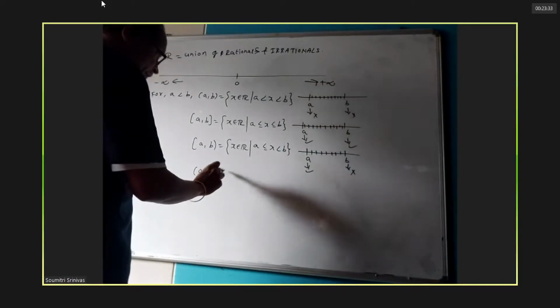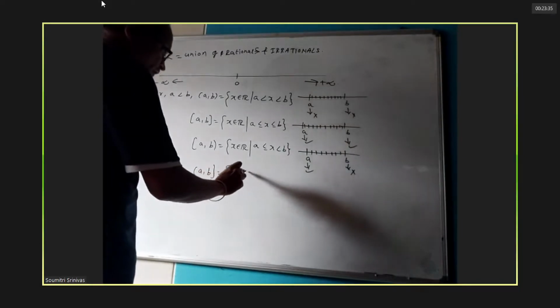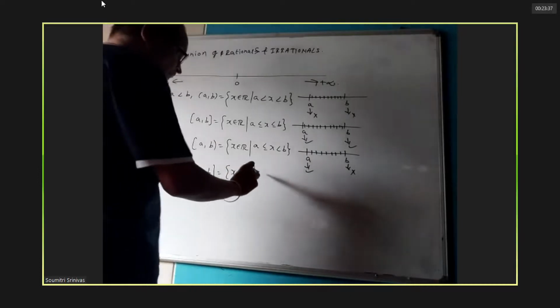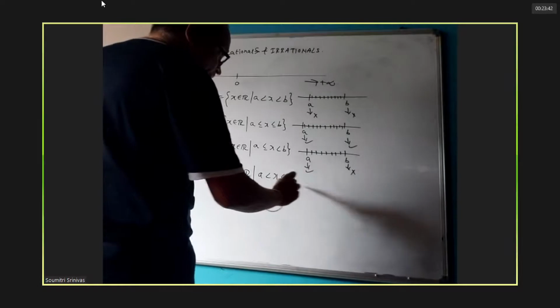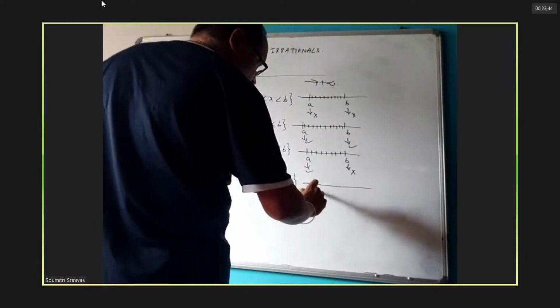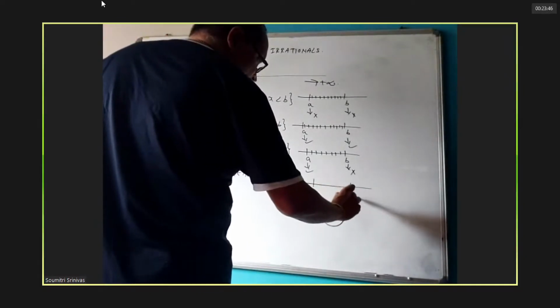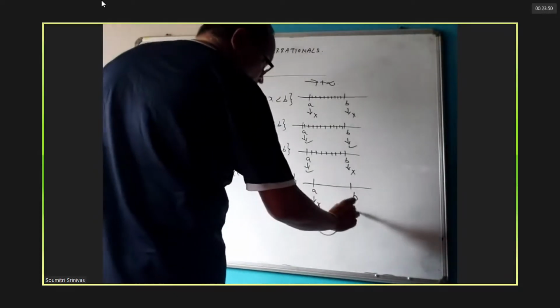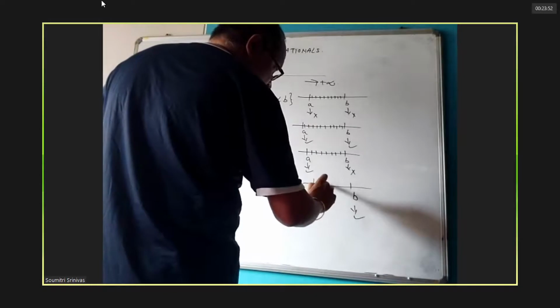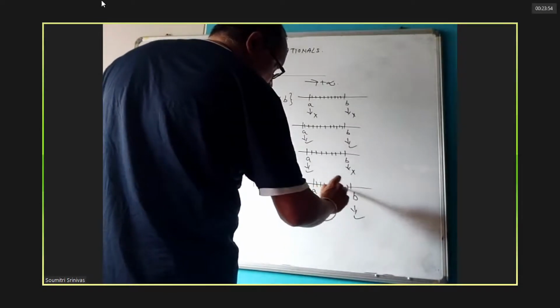Left open, right closed: set of all x belonging to R such that a less than x less than or equal to b. Here a is not included, b is included. All the real numbers in between.